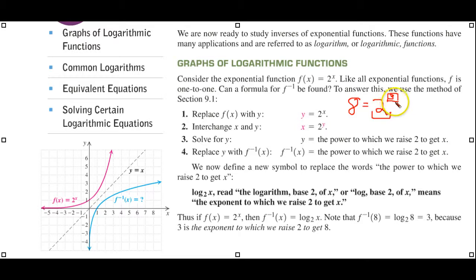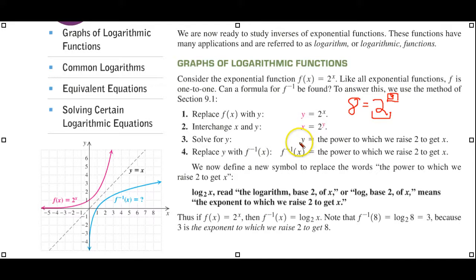So in solving for our y here, we're saying that y is equal to the power to which we raise 2 so we can get our x. And that's what we do then.